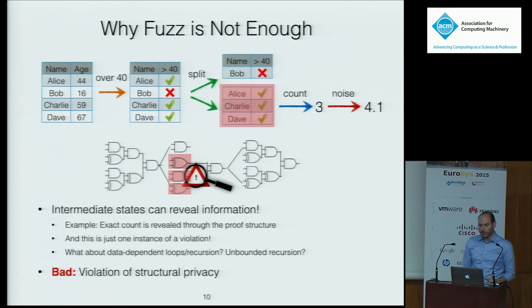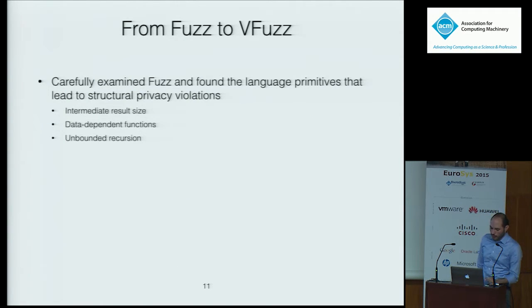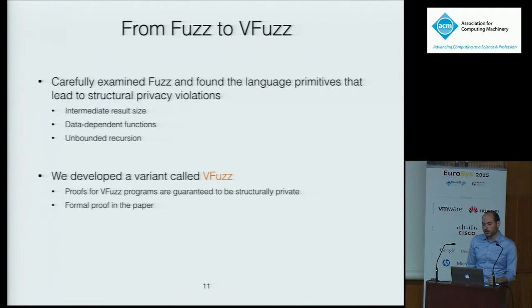There are other data-dependent language primitives that could violate structural privacy. So to guarantee that there are no leaks through the proofs, we carefully examined Fuzz and found all the language primitives that are sources of structural privacy violations. We either fixed or restricted those primitives, and the resulting language is called VFuzz.